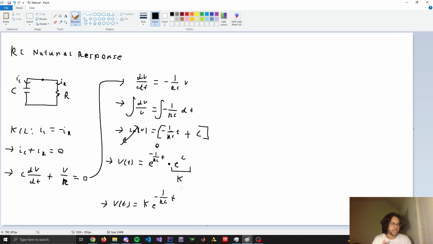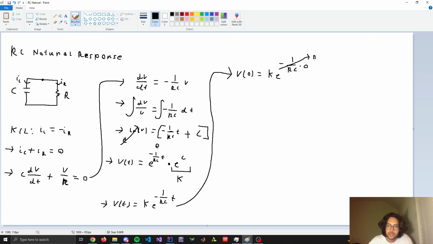So intuitively, the capacitor could be held to any voltage initially before it goes under its transient response. So now it's a good time to talk about transient response. But first I'll solve for K, and the best way to do it would be to evaluate the function at 0, because at 0 is where you'll find the initial voltage stored in the capacitor. So V of 0 is going to be K times e to the negative 1 over RC times 0.